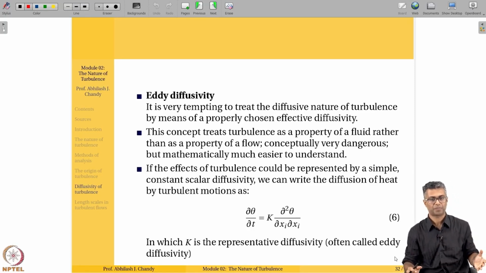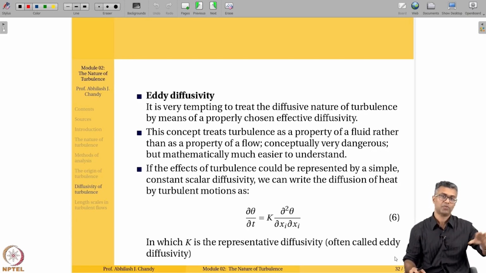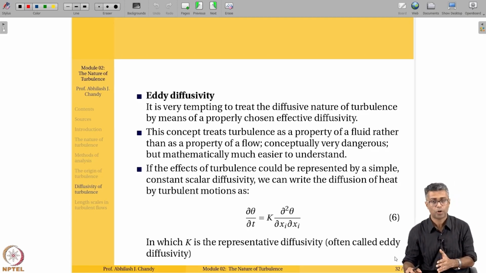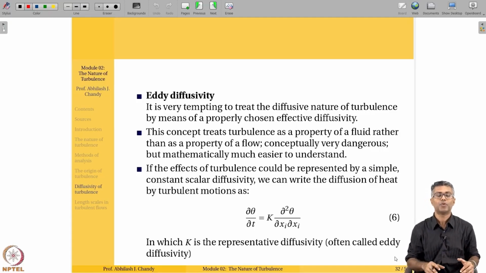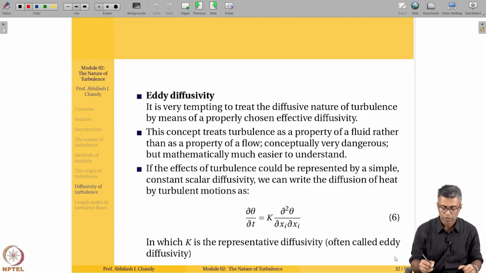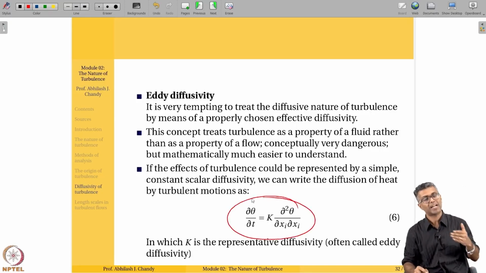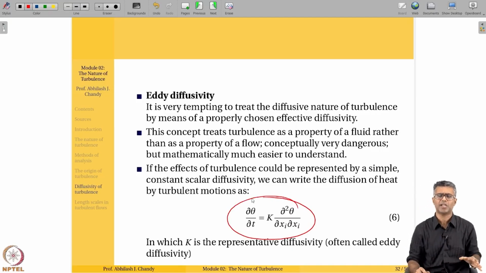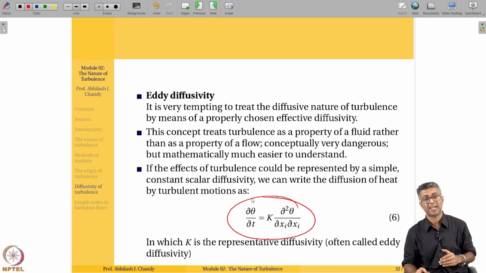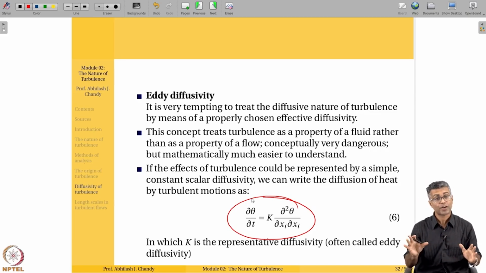It would be nice. So instead of using a thermal diffusivity, which is obviously a property of the fluid and cannot be applied here, what if we could represent it by an effective diffusivity? Meaning, what if we could represent it by this equation here? So del theta del t looks exactly like the heat transport equation I had shown earlier, where only molecular diffusion exists. So instead of gamma, the thermal diffusivity, we are now representing it by K, some kind of effective diffusivity.